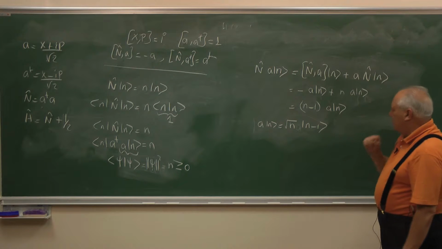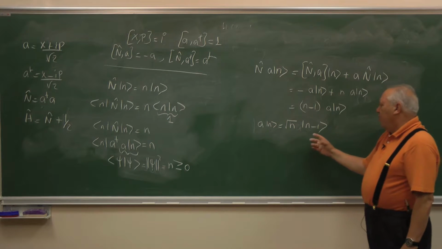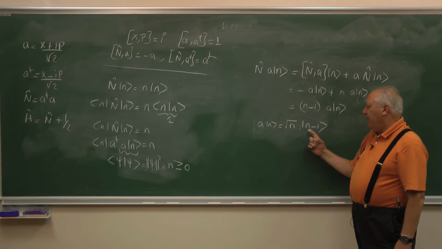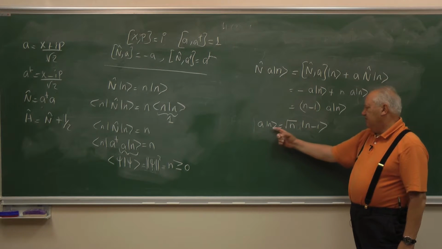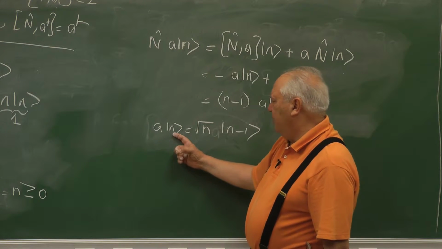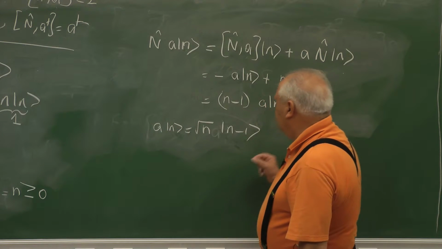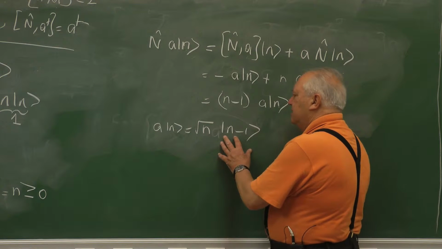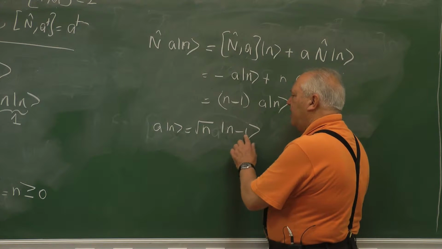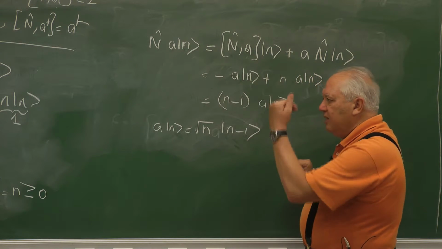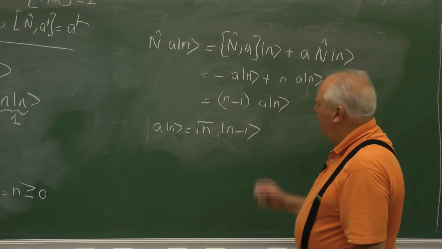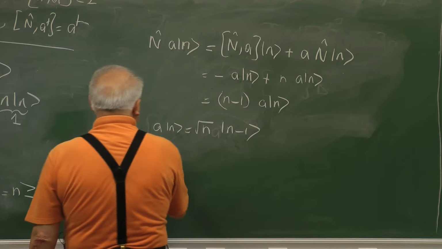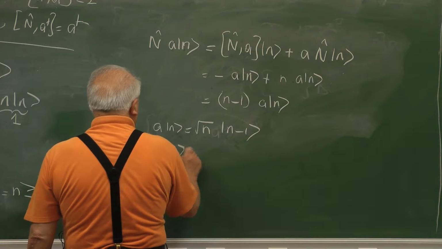So let's remember, what do we know so far? We know that n is a positive number. And if this is an eigenstate of the number operator, a|n⟩ gives me another eigenstate with the eigenvalue n minus 1. Namely, the value of the eigenvalue is reduced by 1. So what about a squared |n⟩?